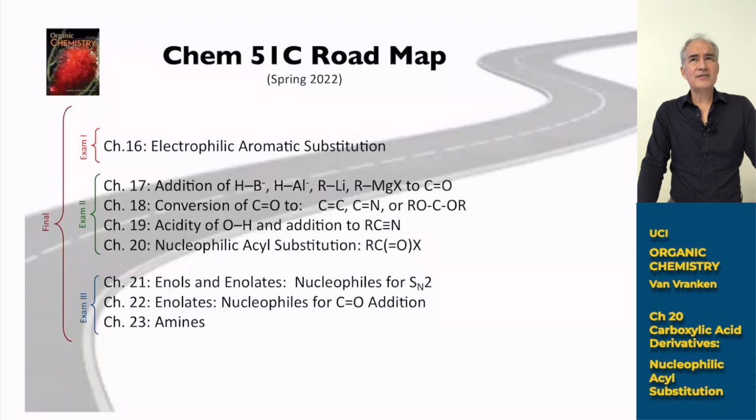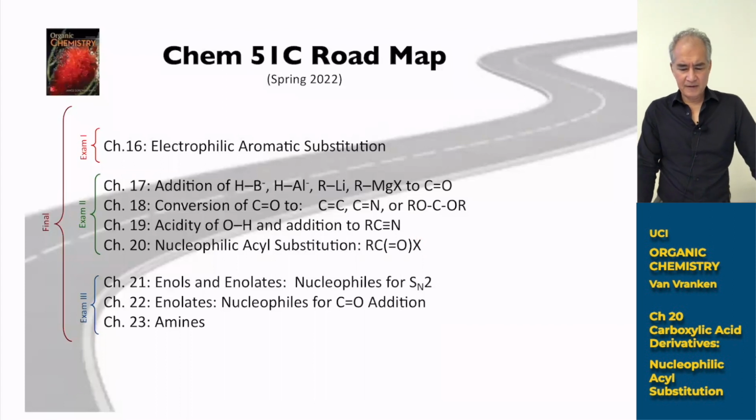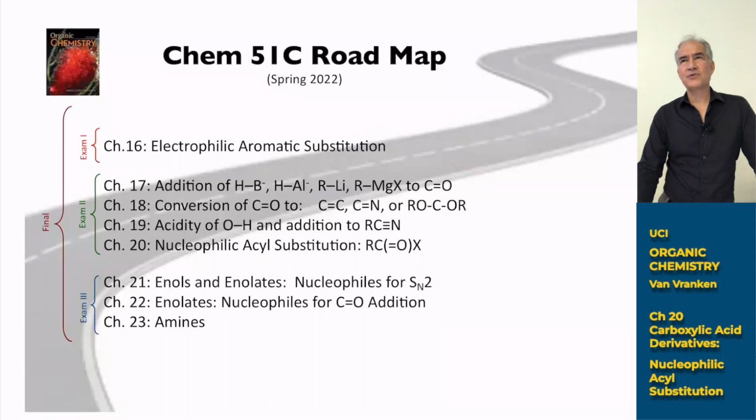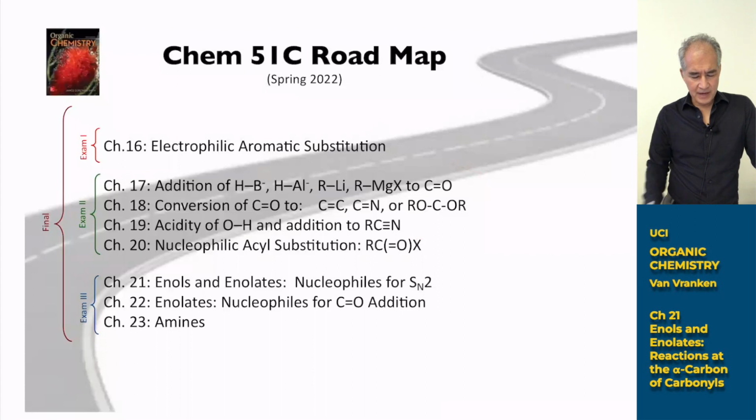Acyl chlorides, amides, esters, converting one back and forth into the other. And that's really fundamental. So our next exam is all about adding to carbonyls to do chemistry, acyl substitution reactions and additions. So now we're getting ready to start on exam 3 material, chapter 21, with a set of functional groups called enols and enolates. And let's go ahead and get started with that.